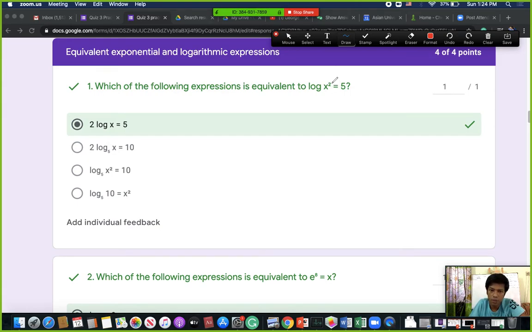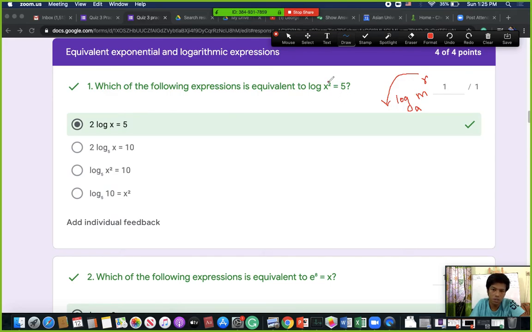There is a formula which says if we have something like log a base m to the power r, you know that this r comes to this side here.